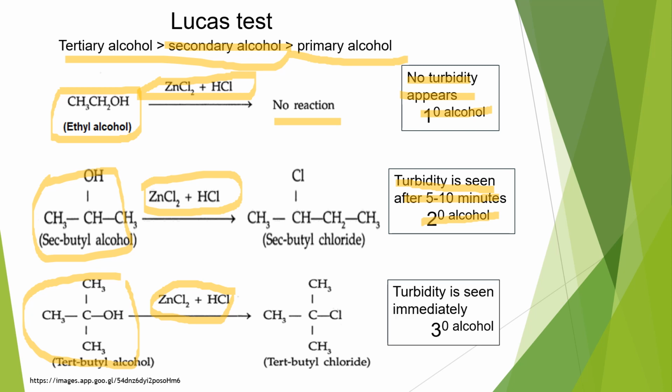I can see the turbidity immediately, which means rapid appearance of the turbidity indicates that it is a tertiary alcohol, because you know that tertiary alcohol is highly reactive with the Lucas reagent, so it forms the product immediately. Hence, turbidity can be seen immediately. Okay, so this is how Lucas test is done to differentiate or distinguish different classes of alcohols.